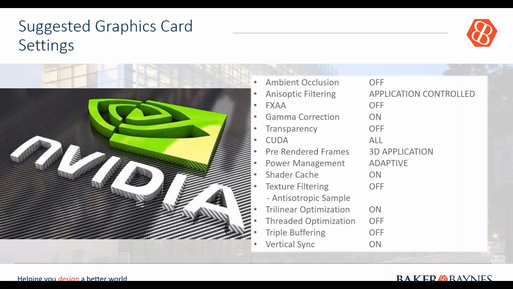So, suggested graphics card settings. These are some of the settings that you will see there, not all of them. The ones that are left out are probably to be left as is, but these are some of the settings that might directly affect your render time. It's worth taking a screenshot so you can look at these a little later when you're fiddling around with your graphics card. I'm going to leave it on the screen for a while.